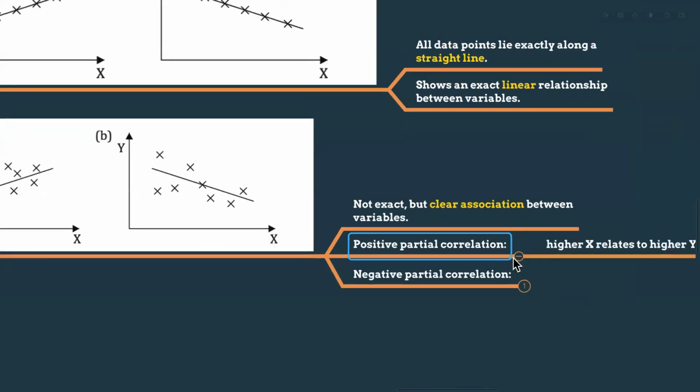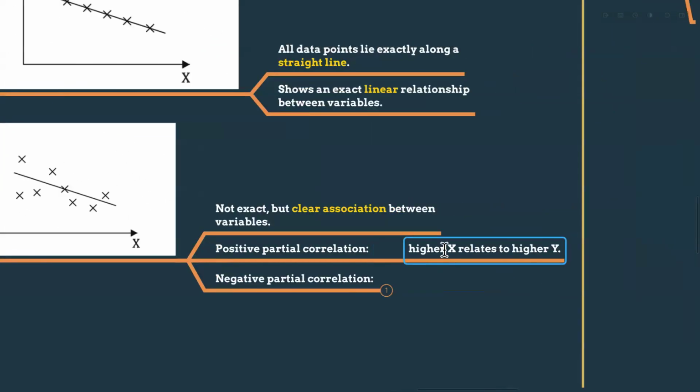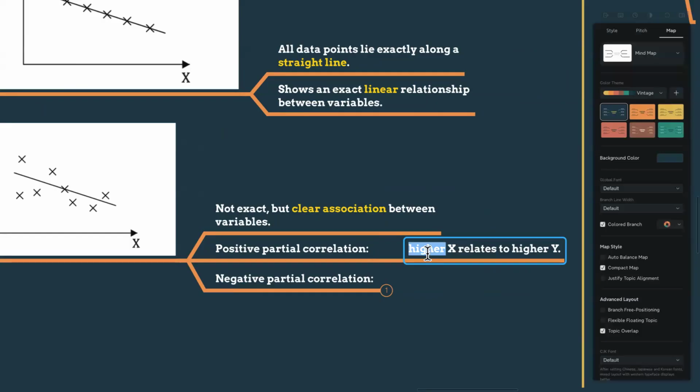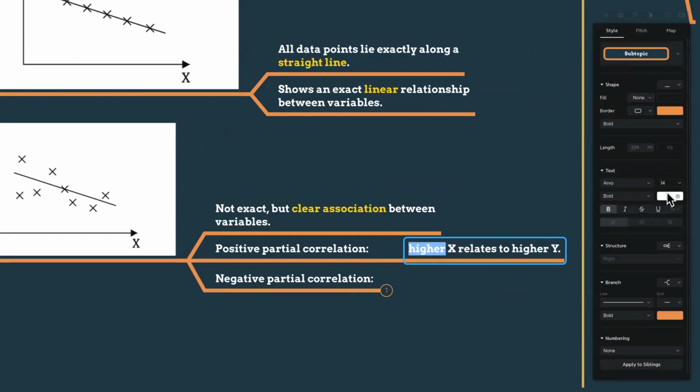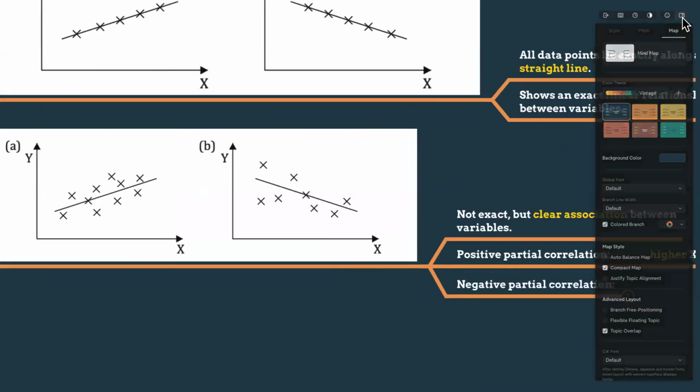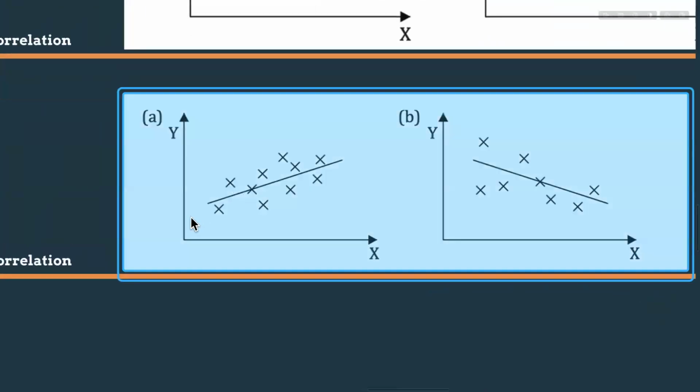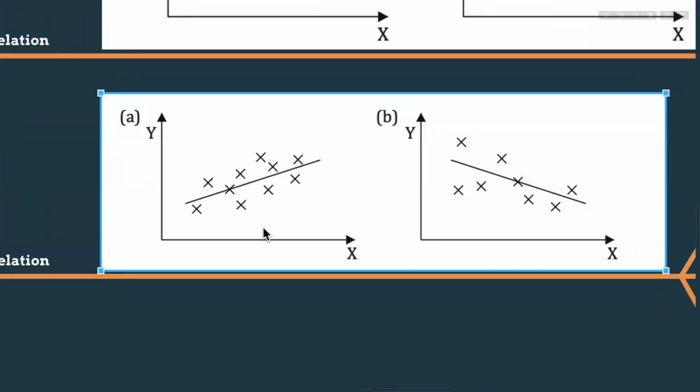In a positive partial relationship, it's important to understand that higher x relates to higher y, right? Again, I'm highlighting that higher x values are associated with higher y values. What does it mean? For the positive partial correlation in the first graph, if x is at the lowest point, y we receive also at the lowest point.